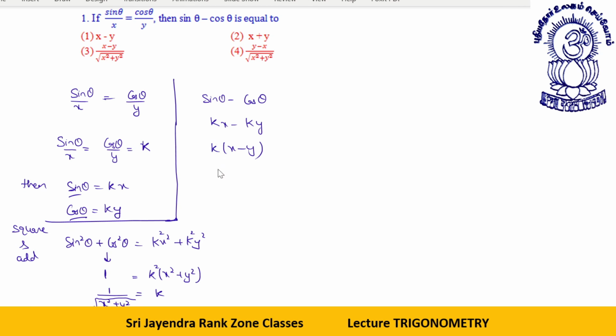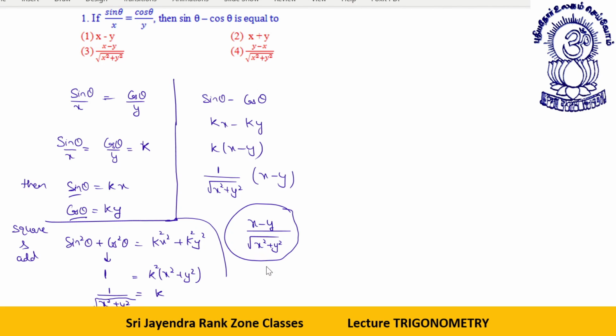K is 1 by x square plus y square under the root into x minus y. So your answer becomes x minus y upon the root of x square plus y square.